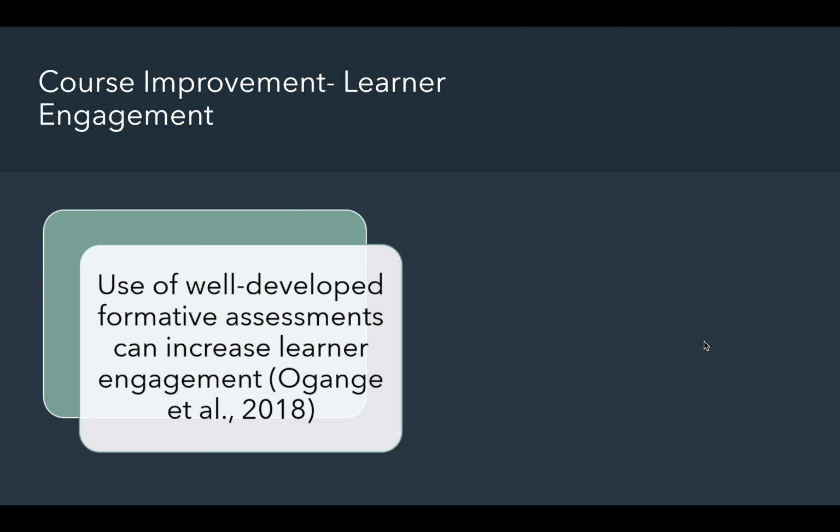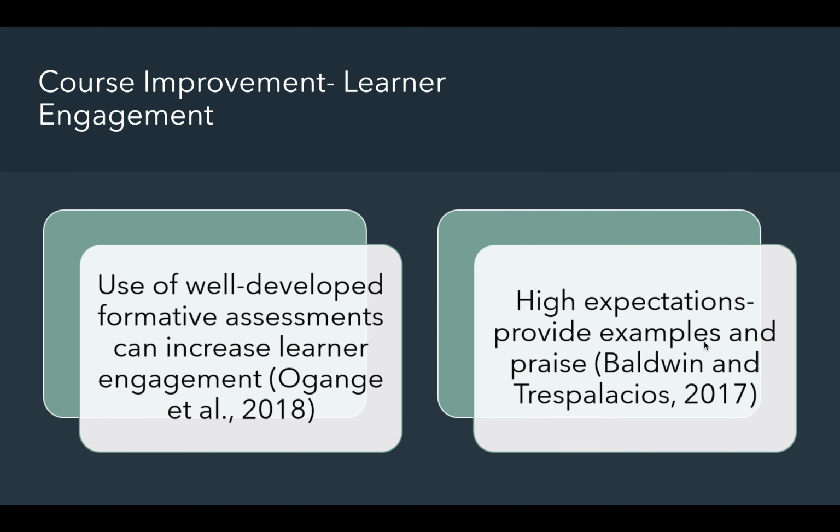These adjustments included offering retakes of the quizzes game, increasing feedback from the teacher, and differentiating the questions on the task cards. Furthermore, Baldwin and Trespalacios 2017 describe using strategies such as examples of work and increased praise of students as ways to communicate high expectations. Having high expectations of students may also increase learner engagement.